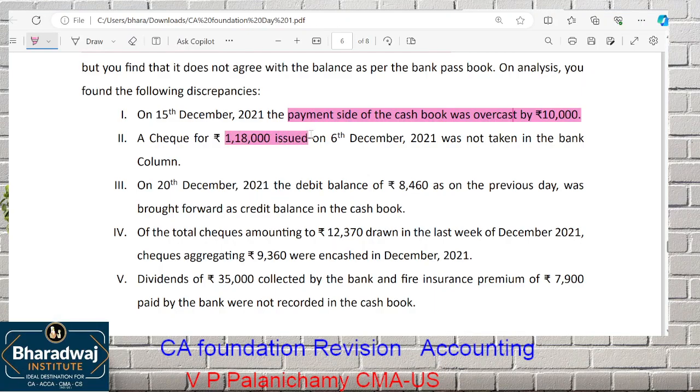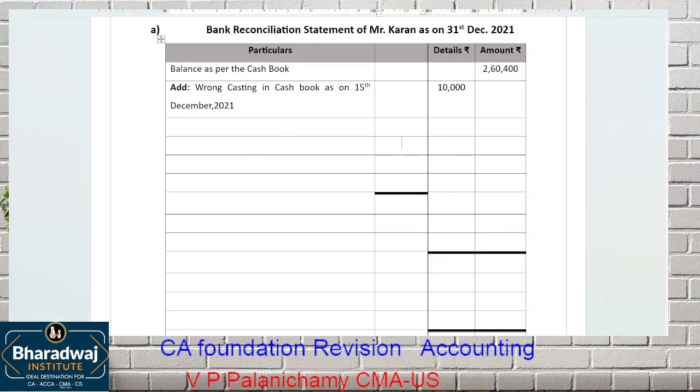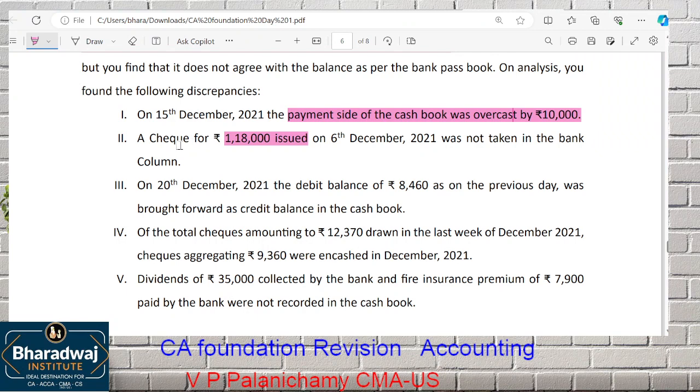Checks issued but not presented for payment. We would have issued them. Check of 1,18,000 issued on 6th December was not taken in bank column, which means not recorded in cash book. We have issued the check but not recorded in which one? Cash book.